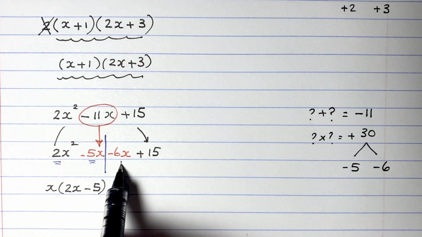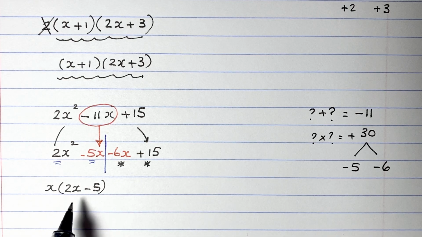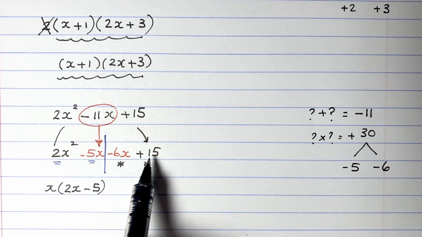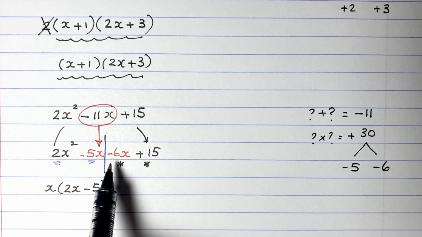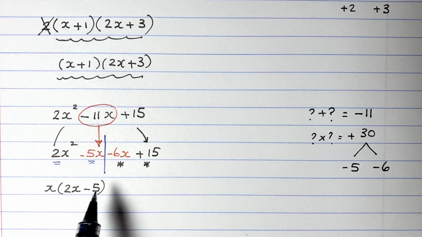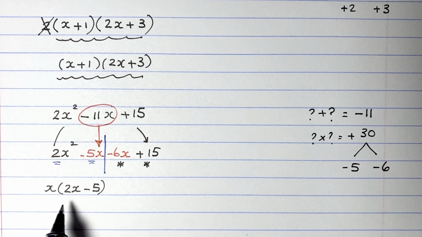Now here, remember, we need to produce the same bracket. So I can't just take, say, 3 out. Because if I take 3 out as a factor, with minus x plus 5, I get minus 2x plus 5, which is not exactly the same bracket.